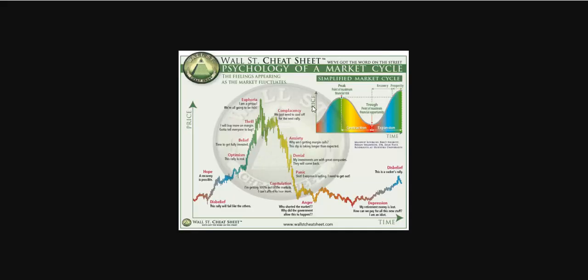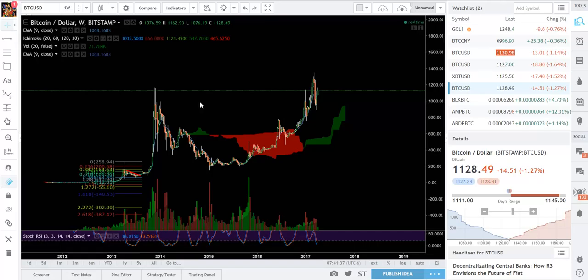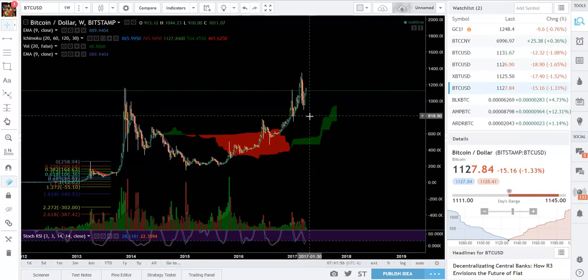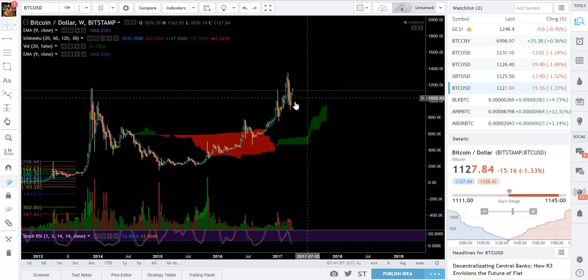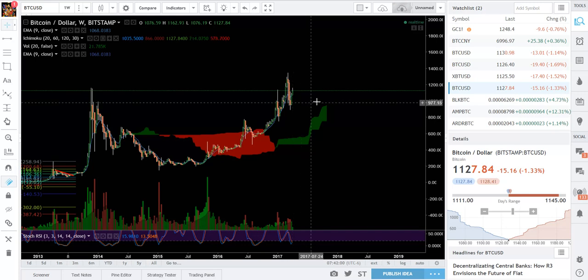So Bitcoin is right about here, where we've ramped up this whole year, basically over a year, and now we've tried to sell down under 1,000 several times, to where Bitcoin has become defiant of that sub 1,000 price.